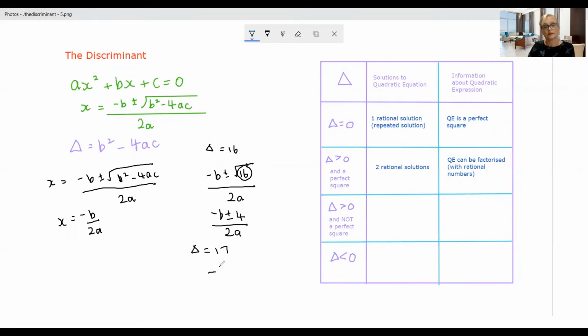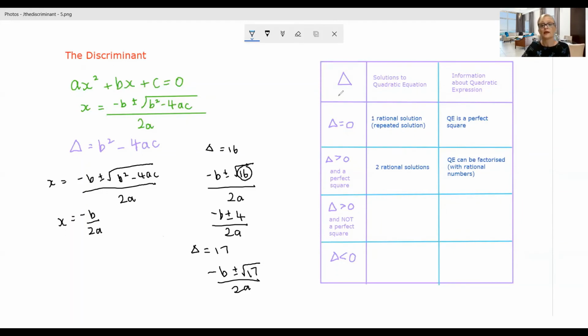So when you get to this step, because that's not a perfect square, the only way to write that exactly is to leave it as a surd. So what's going to happen in that situation is that you're still going to get two solutions, but they're not going to be rational. They're going to be irrational. There are going to be surds involved.